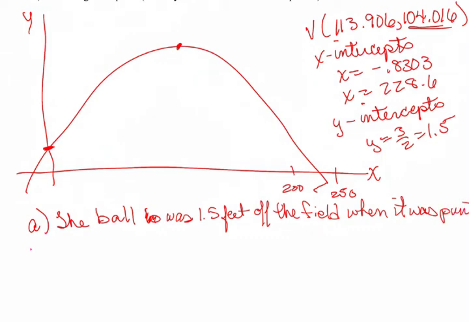All right, part B. What is the maximum height of the punt? So the maximum height of the punt was 104 feet.